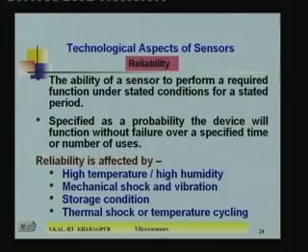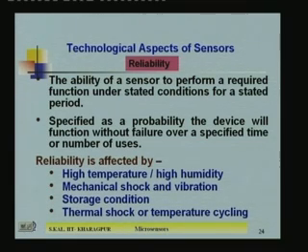Reliability with respect to use means if you make frequent use, and after that you see the same input is not giving the same output, that is a failure, because with time reliability is lost. It is related to specified time and specified use. In some sensors, even if not used, if you keep it for a long time, you find its reliability also goes down.